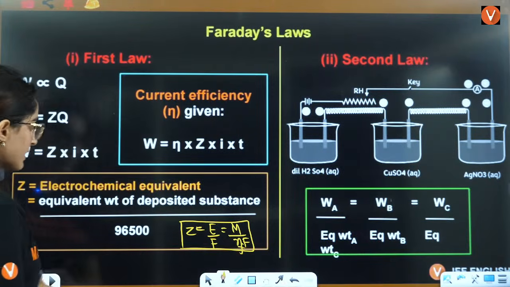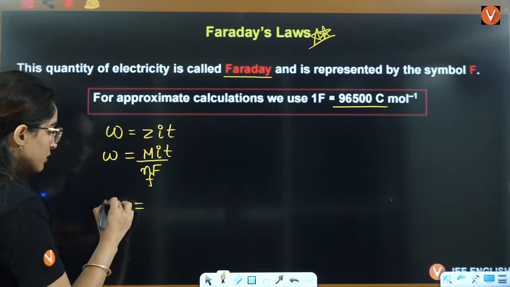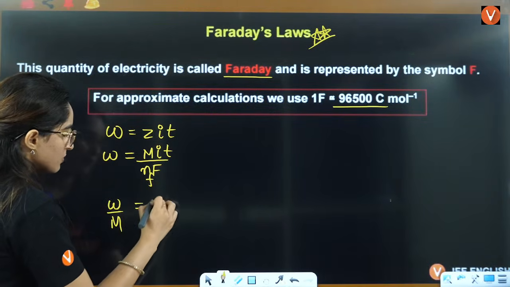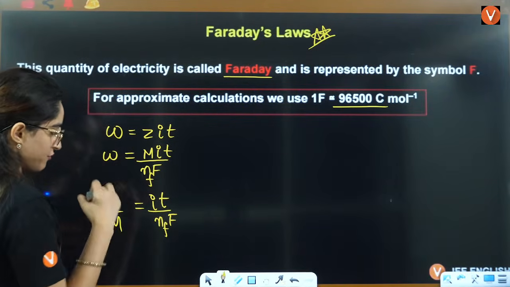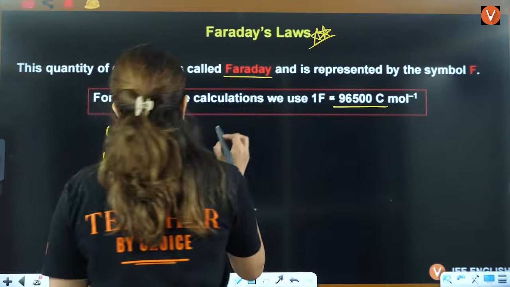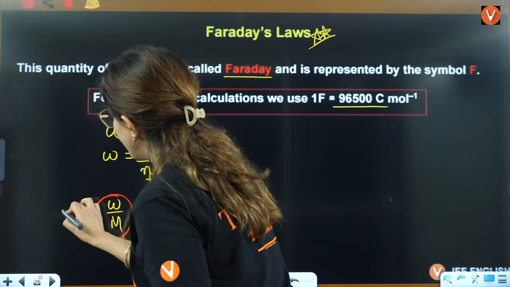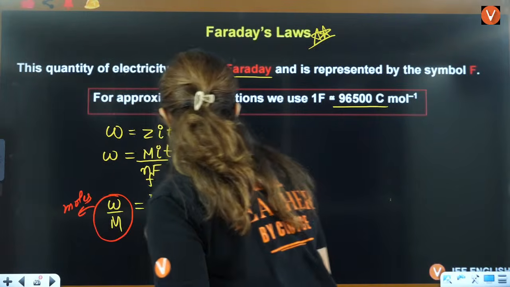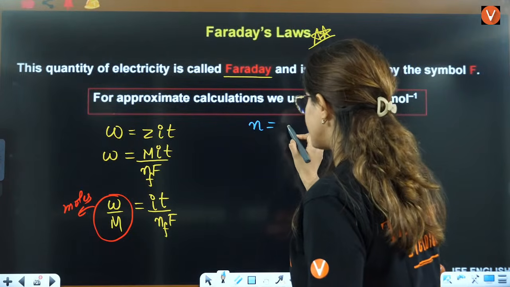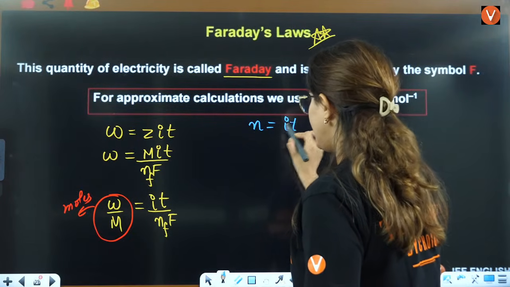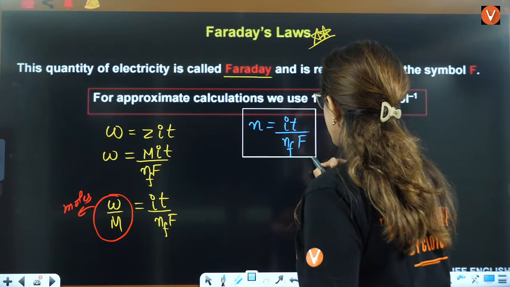Now we know that weight by molar mass, if you put it here, weight by molar mass is I T by n factor into F. This is nothing but number of moles. So you can also write it in the form of moles: number of moles is equal to I T by n factor into Faraday, right?